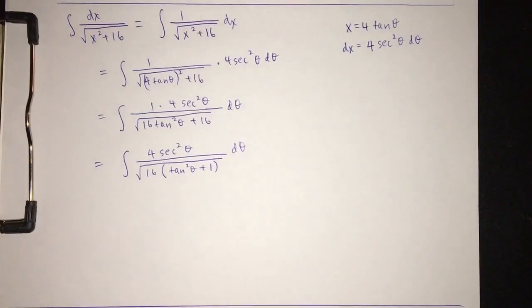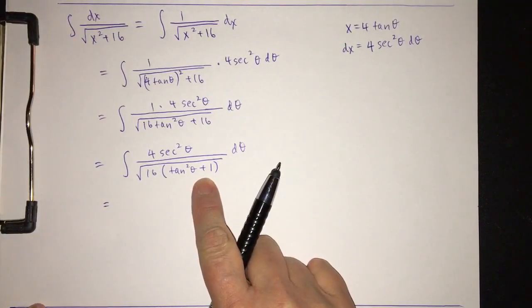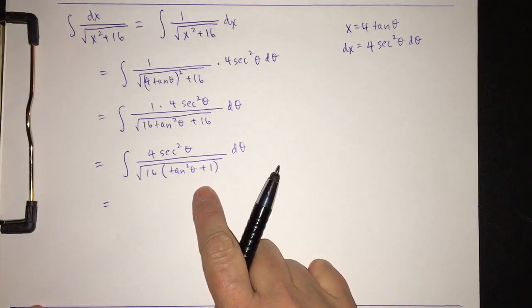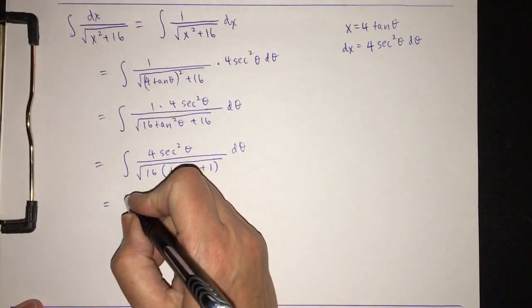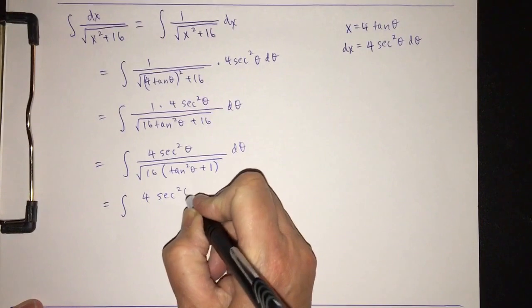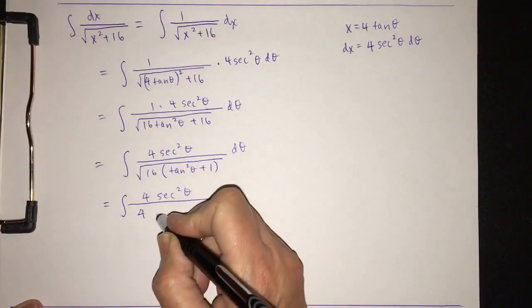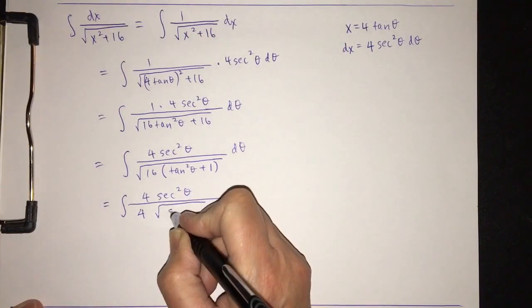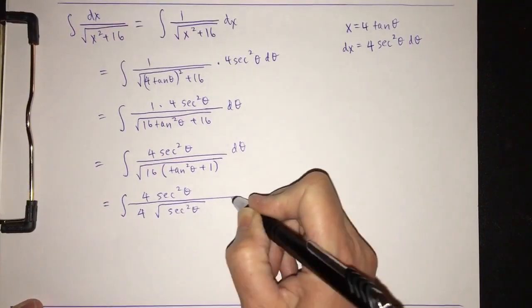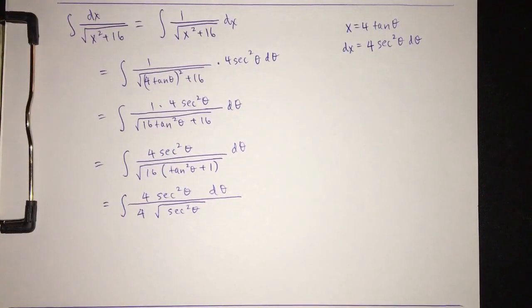And the square root of 16 is 4. And there's an identity for tangent squared theta plus 1. It's secant squared theta. So this is the integral of 4 in the numerator, secant squared theta. In the denominator, you have 4 times the square root of secant squared theta. And I guess I'm putting d theta in the top for now. So the 4's cancel.